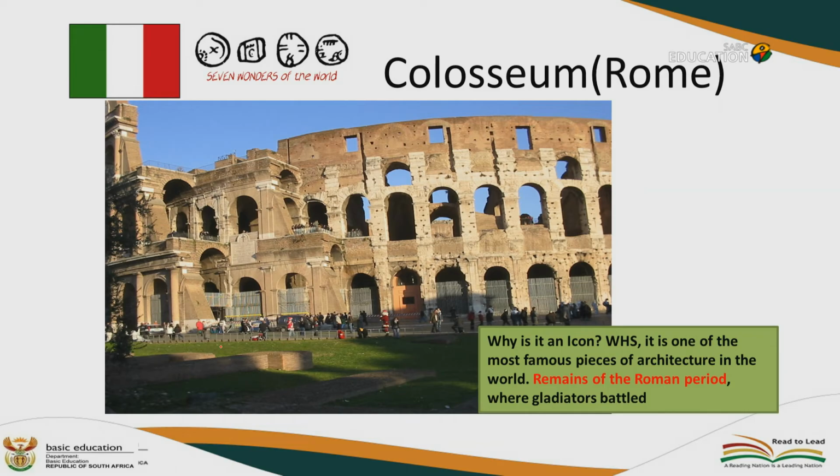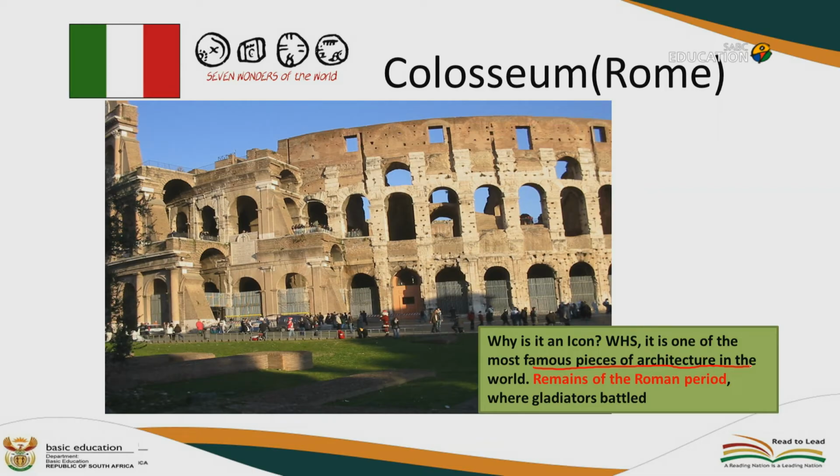And then we have the Colosseum again. Remember I said we have the Colosseum. Why is it an icon? It is one of the most famous pieces of architecture in the world. It is the remains of the Roman period where gladiators battled. This is a massive stadium. It takes plus minus 500,000 spectators.